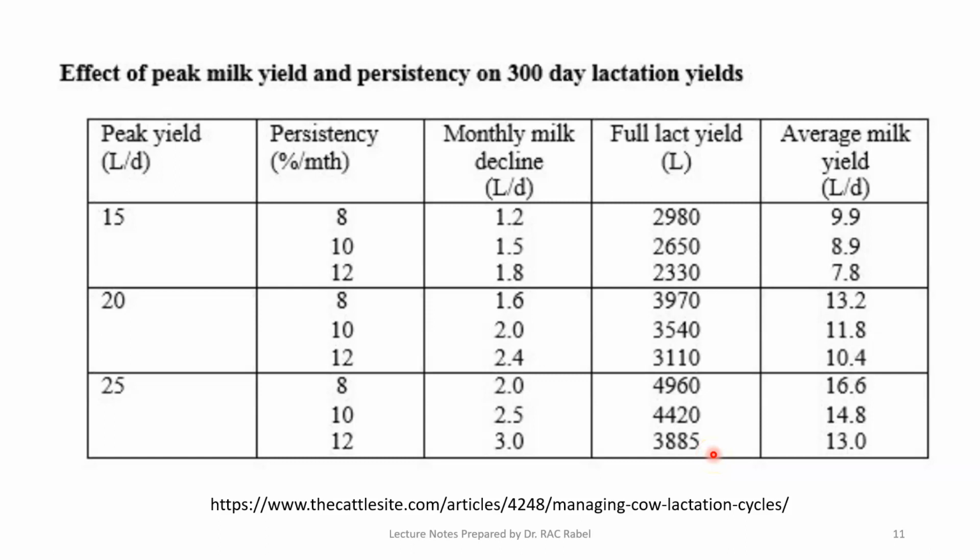So if you know the peak, you can estimate the total yield by multiplying it by 150 for rapid decline or 200 for good management conditions. But under extremely good management conditions, they say you can even multiply this by 220.